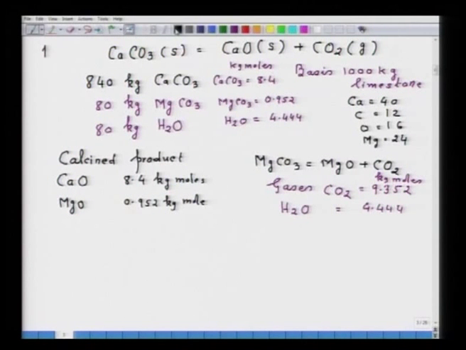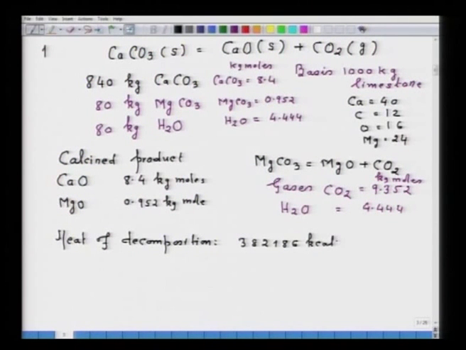Now, we have to calculate heat energy. So, we have to calculate now the heat of decomposition. Now, the values I have given, I will straight away write down the heat of decomposition, that will be equal to 382,186 kilocalorie.